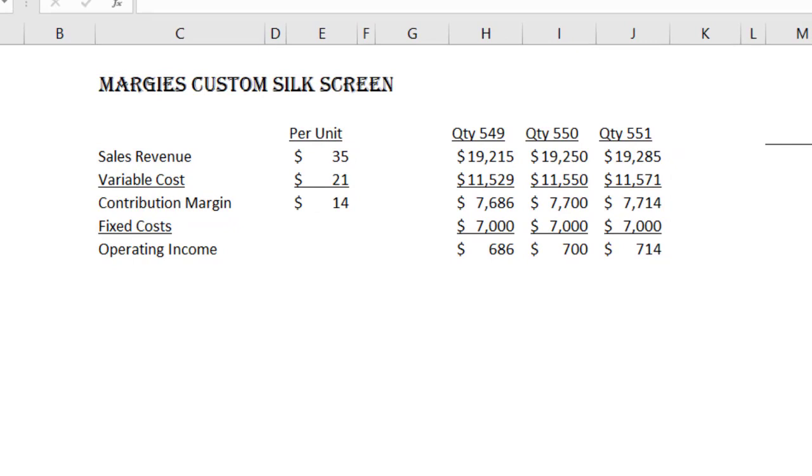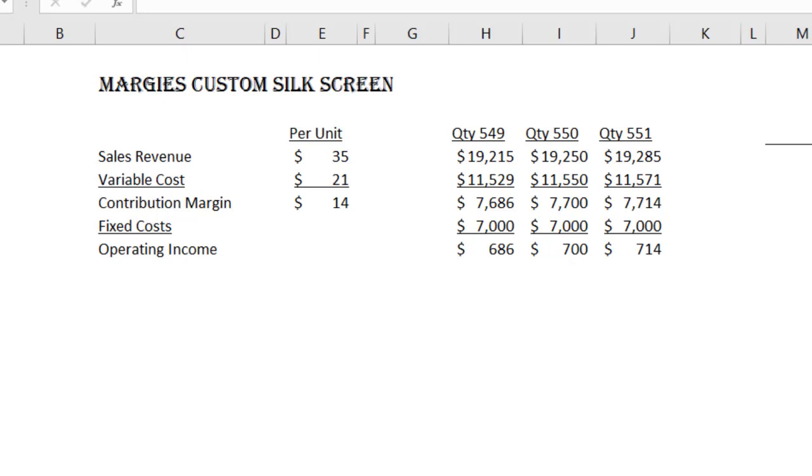A cost that is incurred only when Margie makes a sale is called a variable cost. So you can see that if she sells one more shirt, 551 shirts, the variable cost goes up by another $21. If she sells one less shirt, 549 shirts, that would be $11,529 in variable cost.